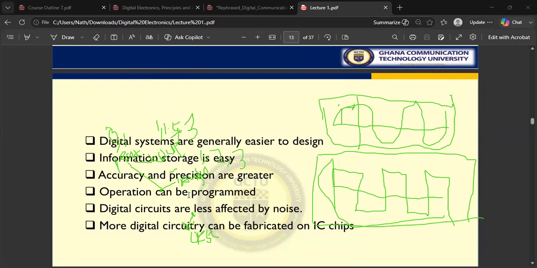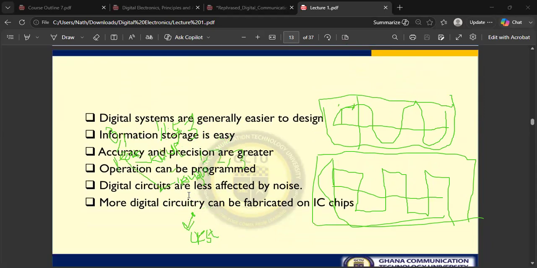Operation can be programmed. And digital systems are less affected by noise, unlike analog systems where any small form of noise can distort the signal. In digital systems, it takes a much greater noise to affect the system.